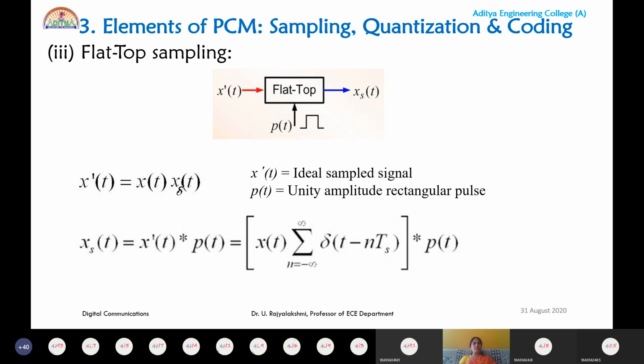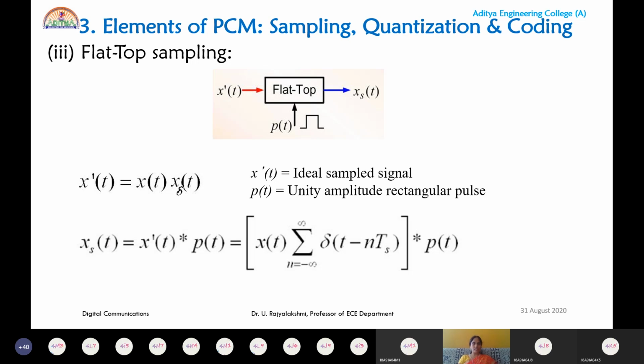Like that the sample signal is generated. How can you generate the ideal sample signal? By taking the product of the message signal with a series of impulse train, but these impulses have a minute width. Next, that is taken in convolution with a series of pulses.